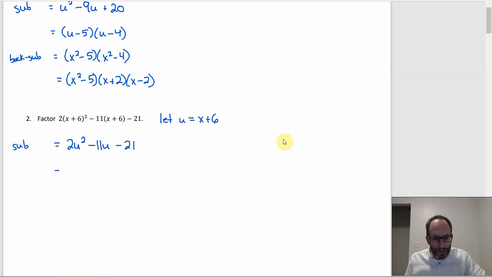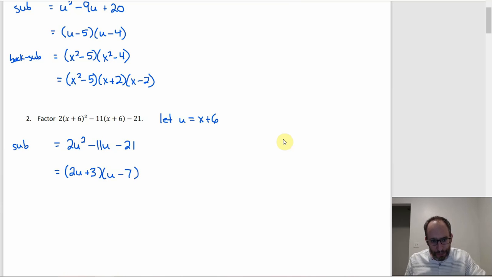And then let's see, this does factor. So 2u and u. And we need a pair of factors of negative 21 that'll somehow give us that negative 11 in the middle. First of all, to get that negative 21 on the end, they'd have to be opposite signs. To get the negative 11 in the middle, my first guess, which actually does end up being right, is to do this.